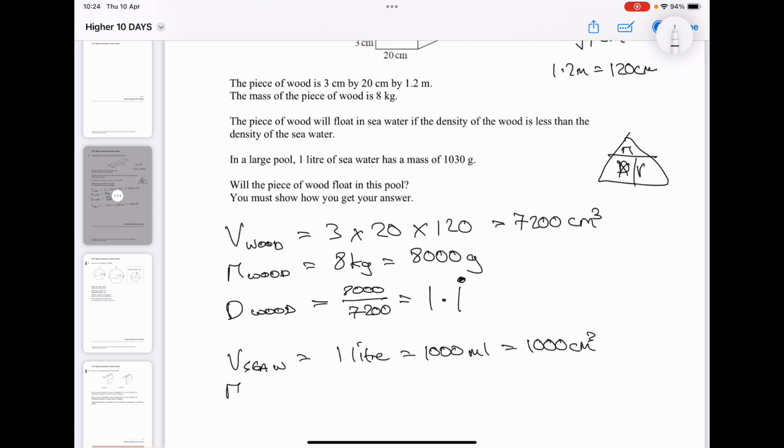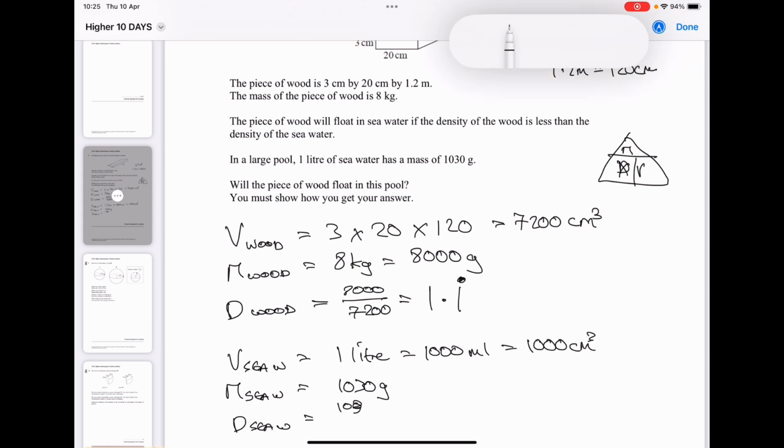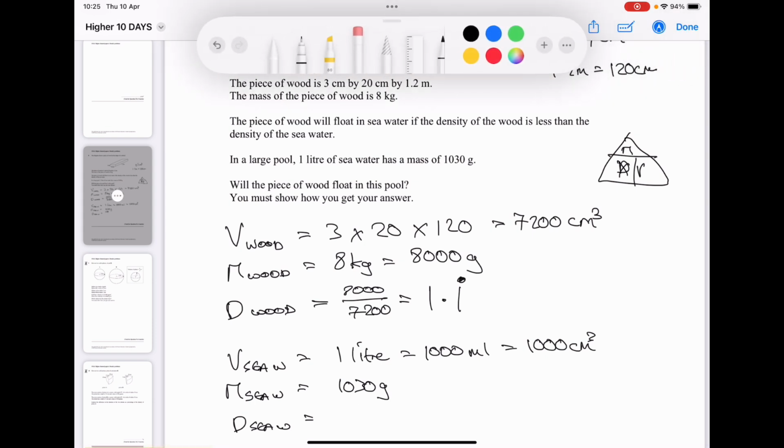The mass of the seawater is 1,030 grams, and the density of the seawater is 1,030 divided by 1,000, which is 1.03 grams per centimetre cubed. I should have put that up here.